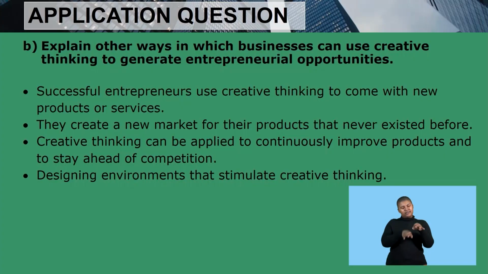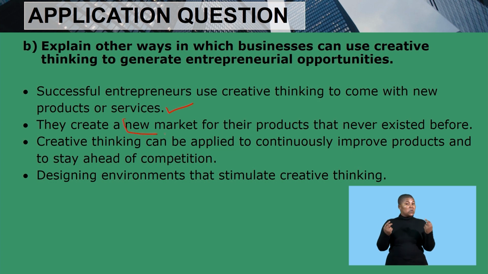Right, explain other ways in which businesses can use creative thinking to generate entrepreneurial opportunities. So these are the answers. Successful entrepreneurs use creative thinking to come up with new products or services. Why? Because they're thinking creatively, so they're coming up with new products or services, things that have never been come up with before. They create a new market.